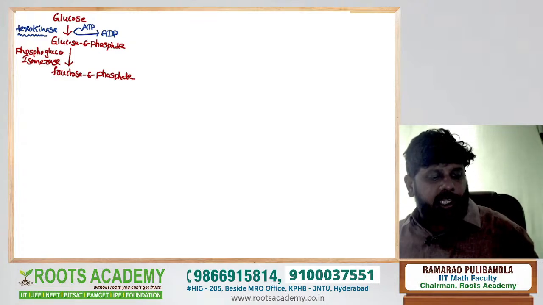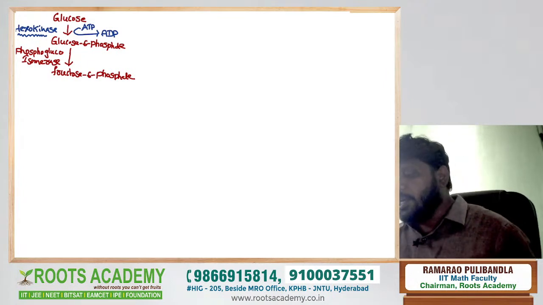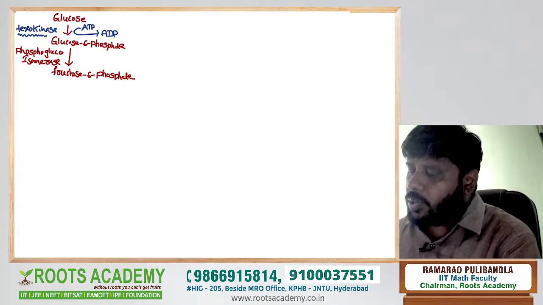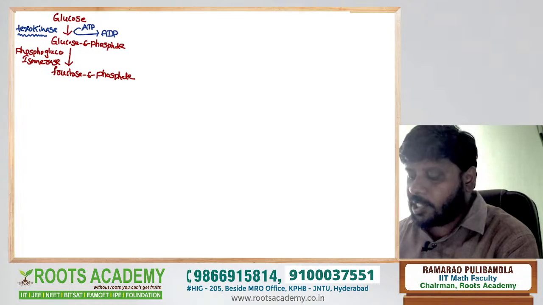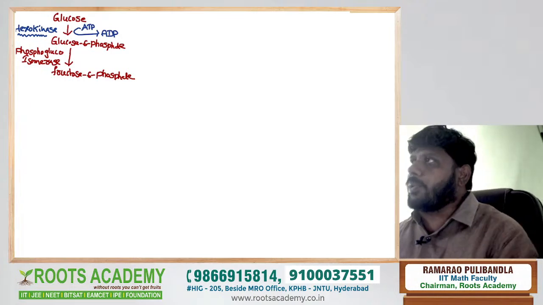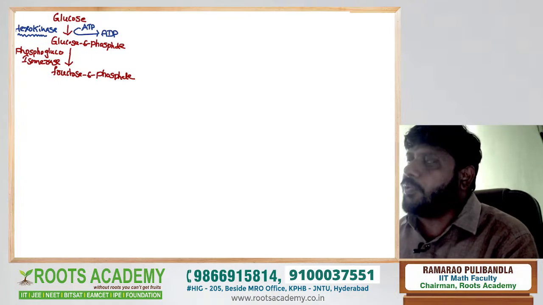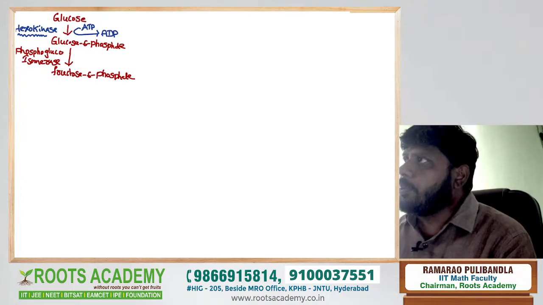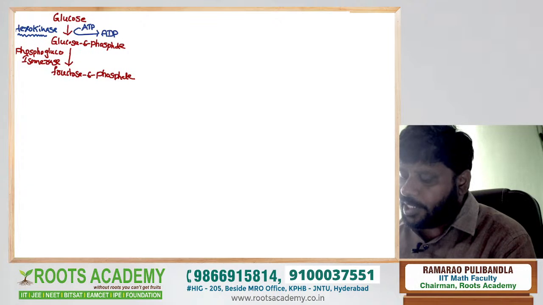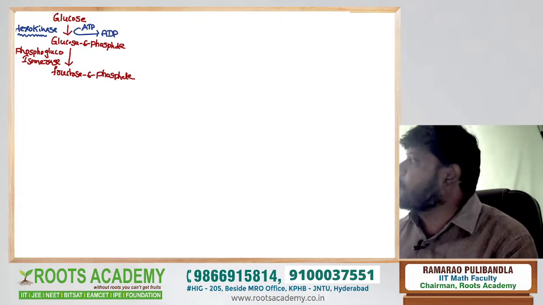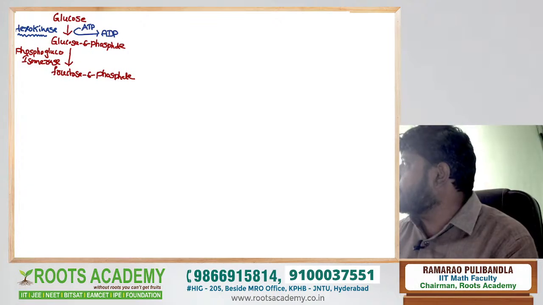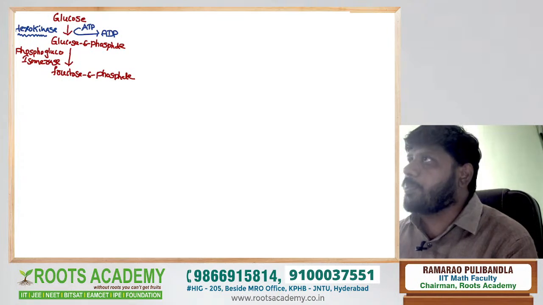What is an isomer? The structurally similar one is called an isomer. Glucose and fructose are isomers. Like that, glucose 6-phosphate is an isomer of fructose 6-phosphate. So in the presence of which enzyme? Phosphoglucoisomerase enzyme. Glucose 6-phosphate is converted into its isomer, fructose 6-phosphate.